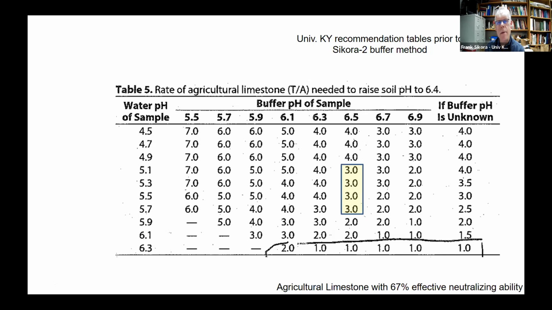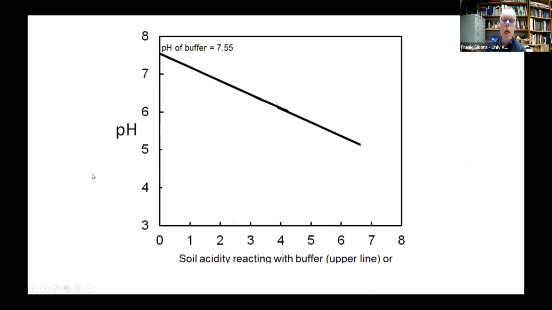My goal was to develop an equation that could use a lime response curve, evaluated from buffer pH, to predict these values we had in our recommendation table. So to do that, I went back to thinking about this titration curve of the buffer with addition of acid.